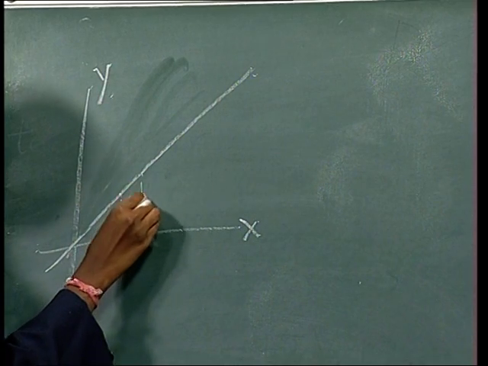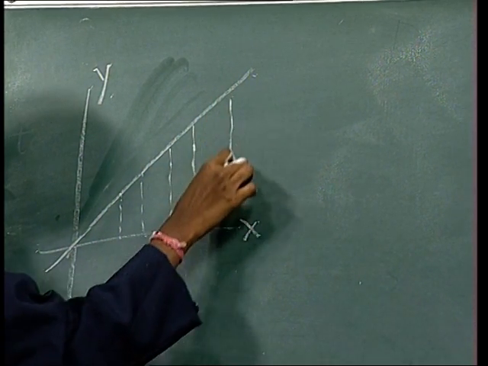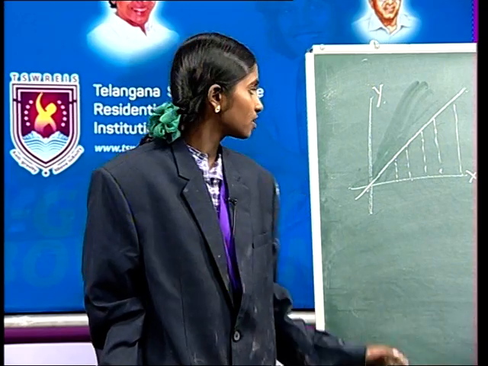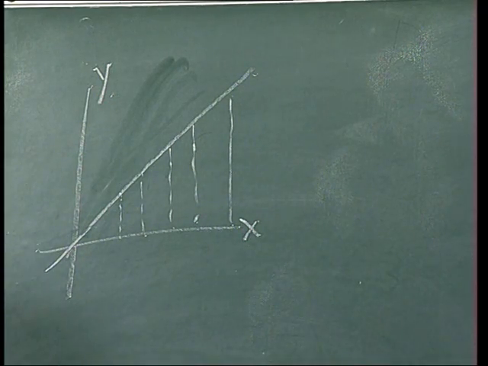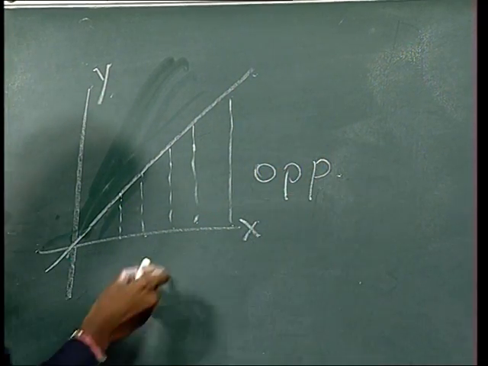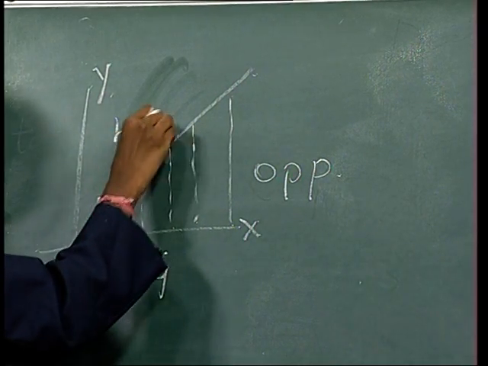Observe that we are making these ratios. I think you know the trigonometric ratios, Swarna. This is the opposite side, this is the adjacent side, and this is the hypotenuse.